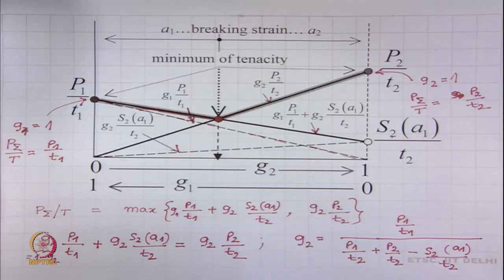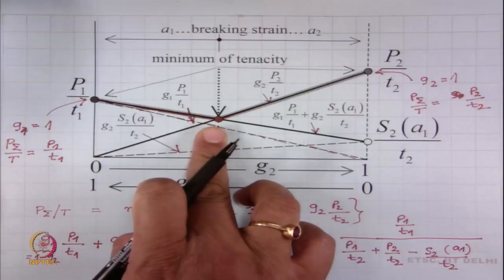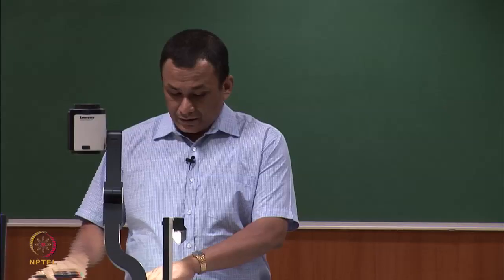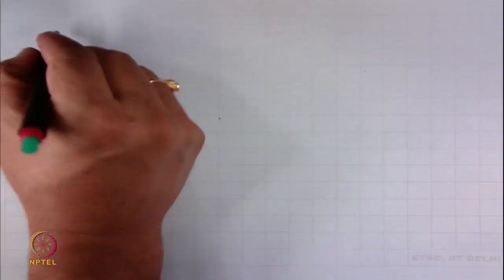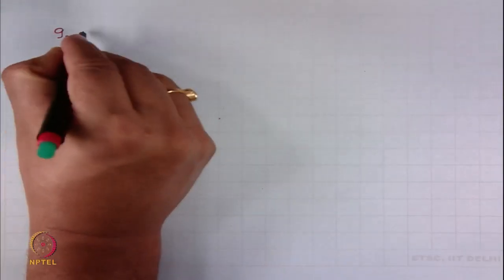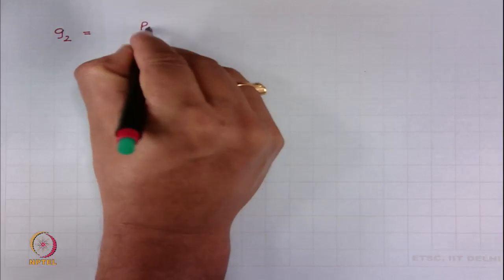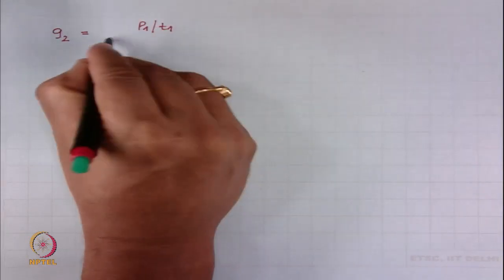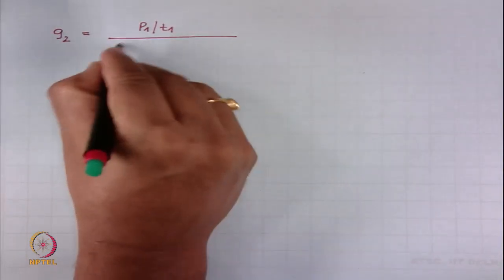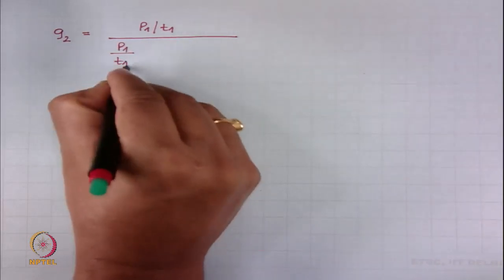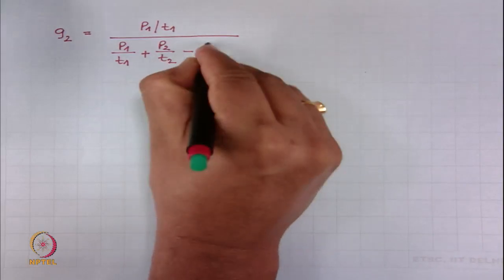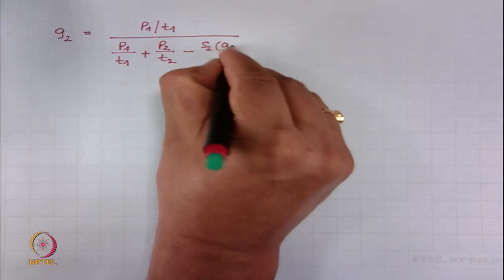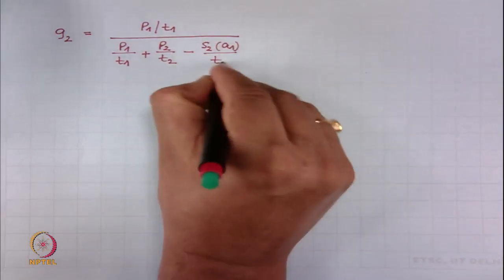Right. So, how will you obtain such a blend ratio? G2 is equal to P1 by T1 divided by P1 by T1 plus P2 by T2 minus S2 A1 by T2.